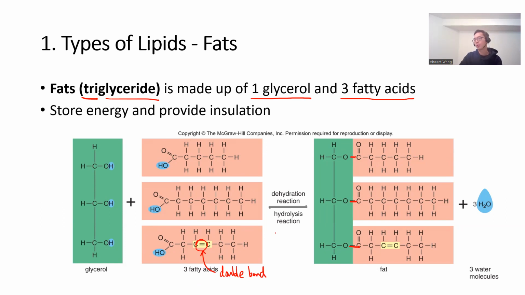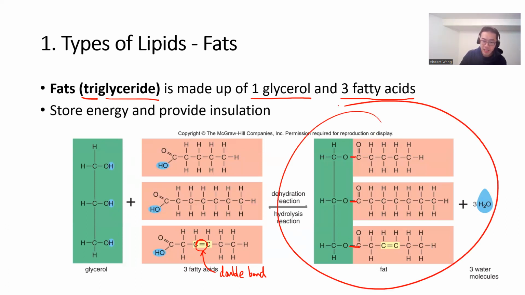If you are not sure what a double bond is, don't overthink it for now. You will learn in chemistry later. All that means is the carbons have more room for hydrogen. So whether or not the fat is saturated or unsaturated depends on the kind of fatty acids it has.